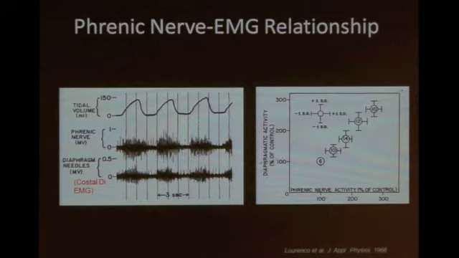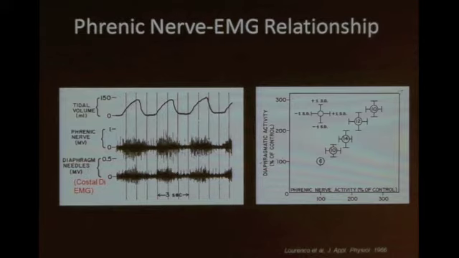And you can see here the early work of Lourenco, where he measured in dogs the phrenic nerve activity with needles and the costal diaphragm EMG. And you can see how nicely the diaphragm activity reflects the phrenic nerve activity.